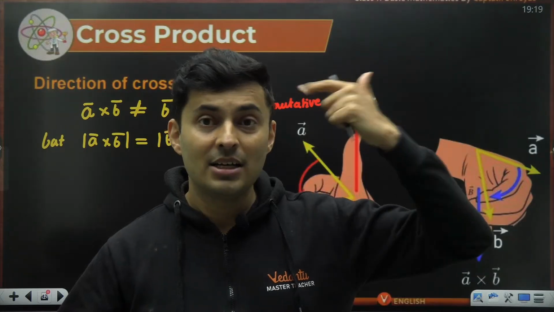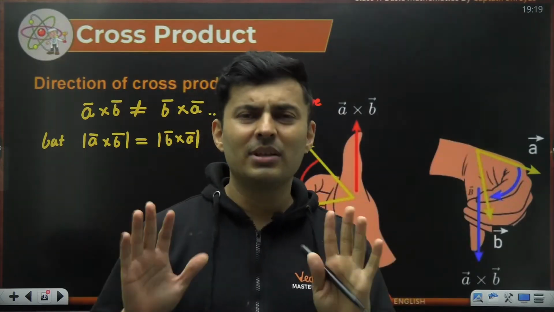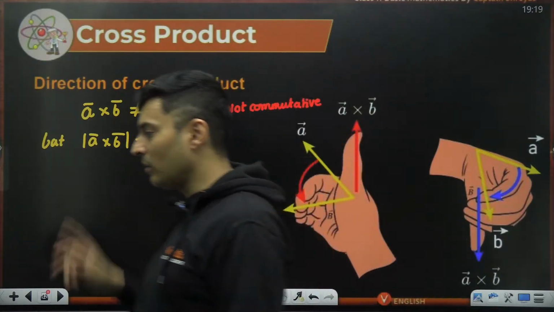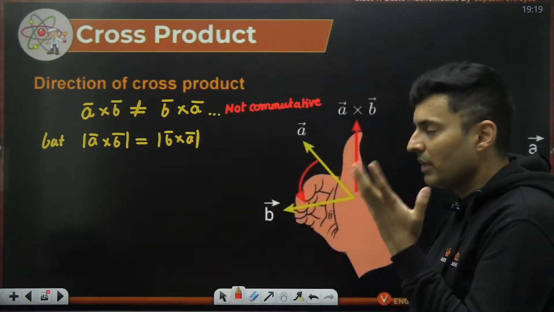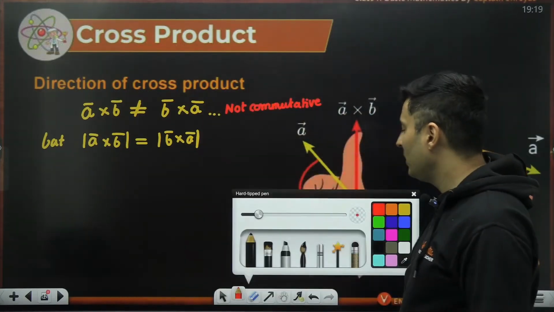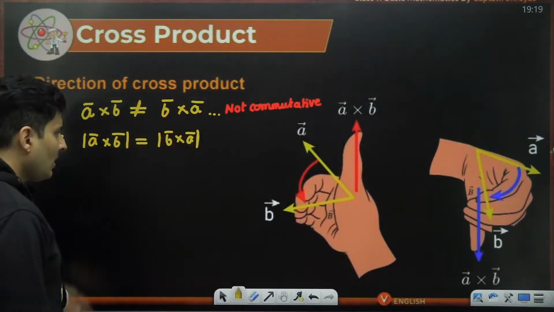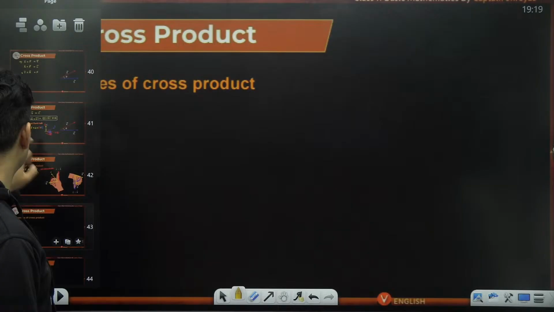If you use the left hand, you'll get a completely different answer, opposite in direction. So be careful, be mindful. This is just a silly mistake which many students make while using the right hand thumb rule. Always use your right hand. In the exam, since you're already using your right hand for writing, many of you might have to be a little bit careful. Okay. Now that we are clear about this, what are the different properties, sir, of cross product?